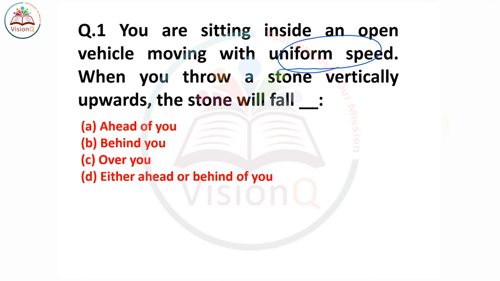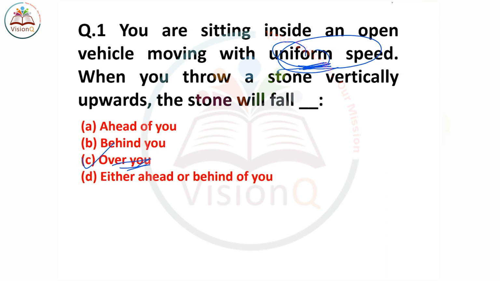So if you throw a stone vertically upwards, obviously the stone will fall over you because the body is in uniform motion. If the body was not moving at uniform speed, then the answer would be different. But since the object is moving at uniform speed, when you throw a stone vertically upwards, the stone will fall over you. The right answer is option C of the first question.